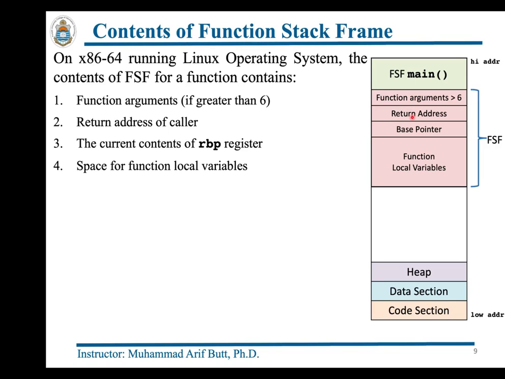Then we have the return address of the caller. Then the current contents of the base pointer, or RBP register, is also saved or pushed on the stack. And finally, we have space for the function local variables. This is the overall function stack frame of any function that is called from main.